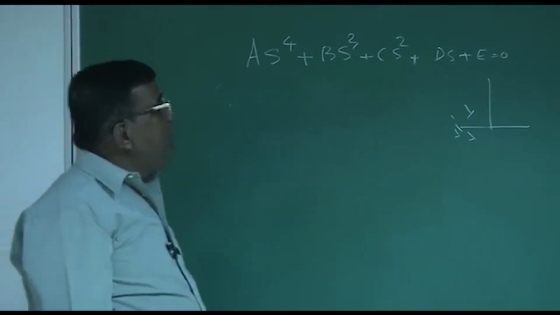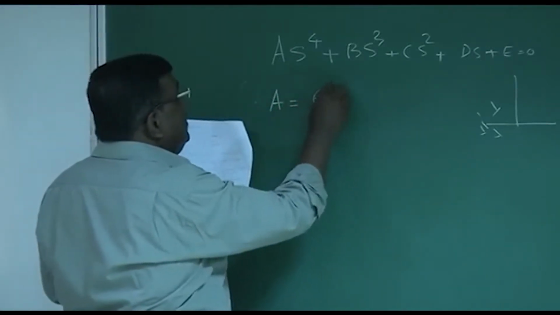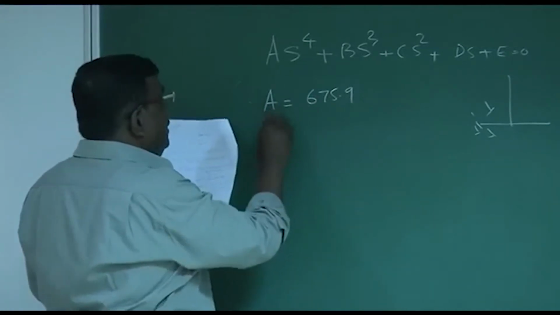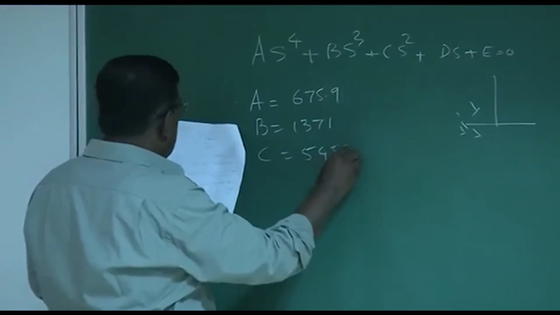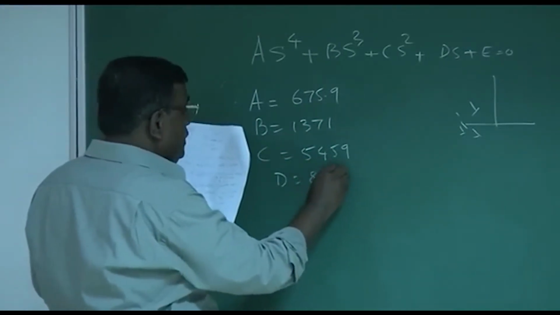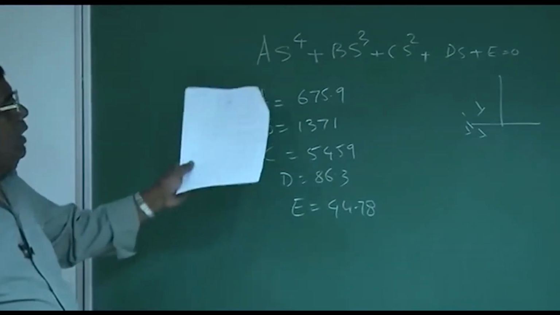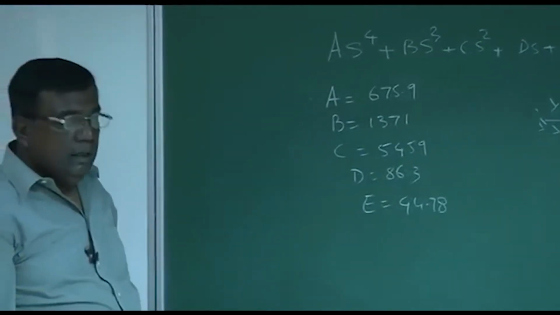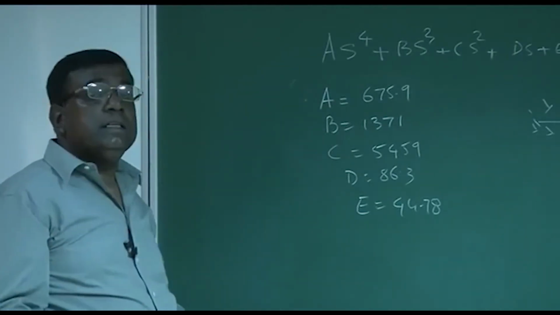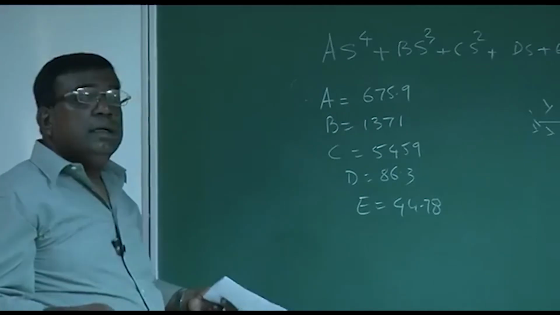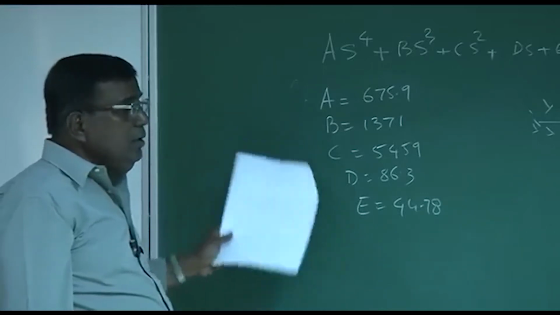But we have seen through one example, for a given airplane, the value of A was 675.9, B was 1371, C was 5459, D was 86.3, and E was 44.78. You know how to calculate these A, B, C, D, E using the dimensional derivatives, or using inertia and mass properties and the aerodynamic derivatives. These formulas are listed and you can refer to them.